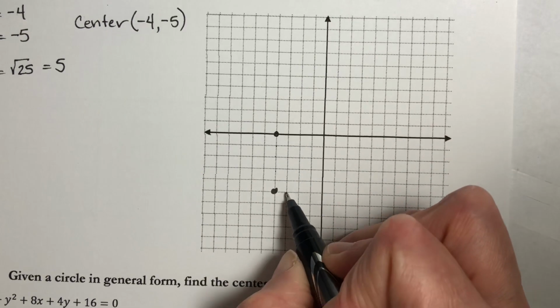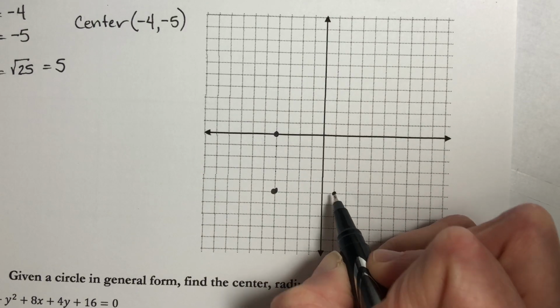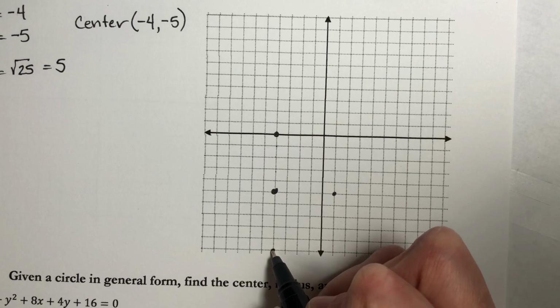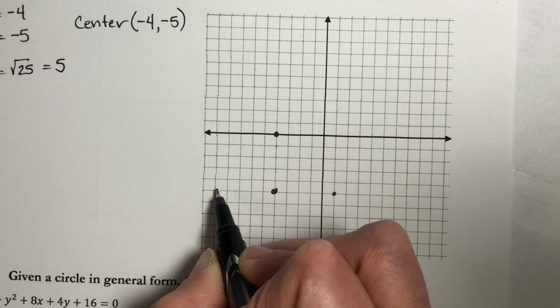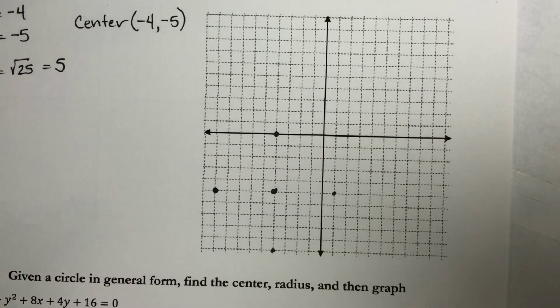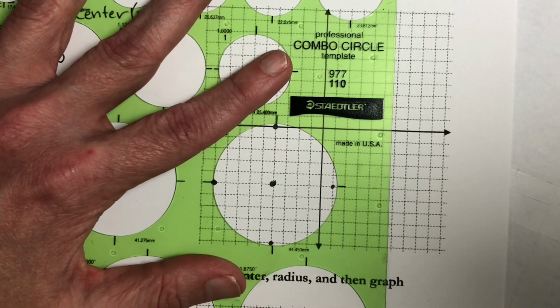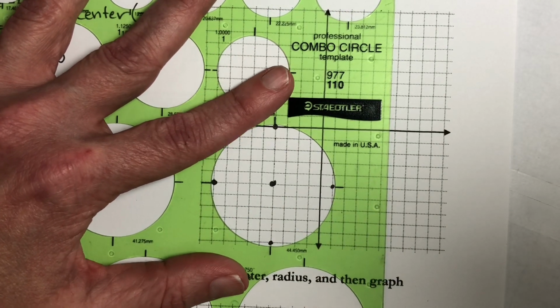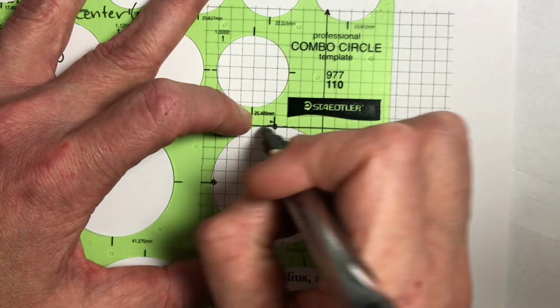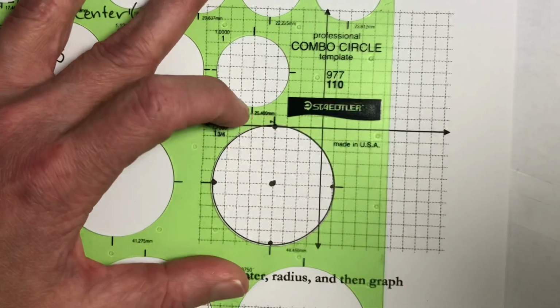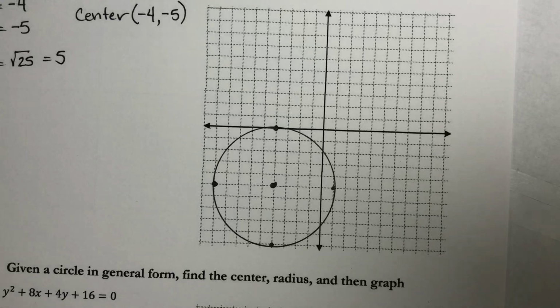So that's here. 1, 2, 3, 4, 5. Okay, so I have all of my points. And then I graph these. I connect these with something roundish as long as I can tell that it's not a diamond shape and that it's roundish. I'm going to be happy, and you have your graph there.